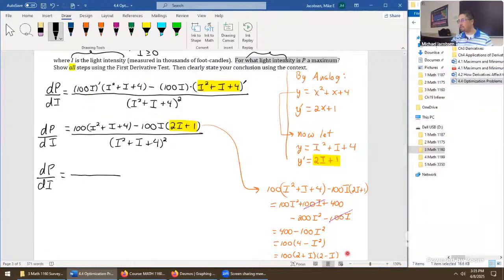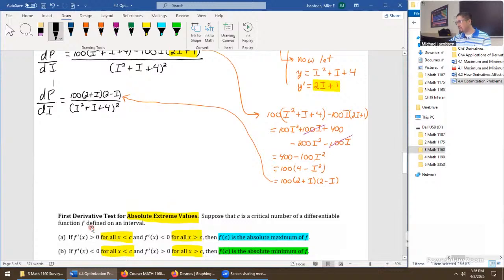In the numerator, just plug in 100(2 plus i)(2 minus i) up above. So to complete the arrow diagram, this just goes back up in there. Don't forget, it does have a denominator, (i squared plus i plus 4) squared. So we've got it, folks. That's our first derivative in its fully simplified glory.